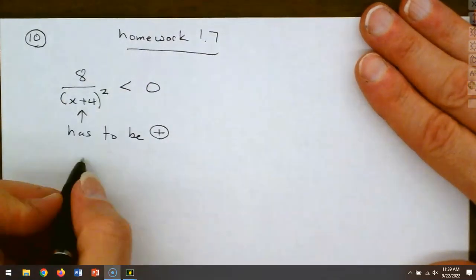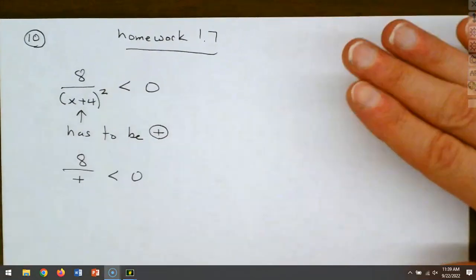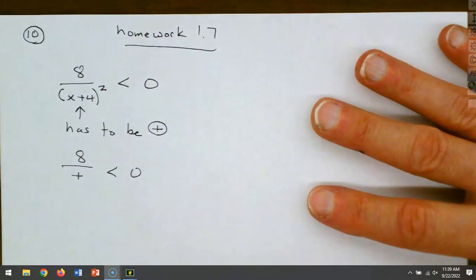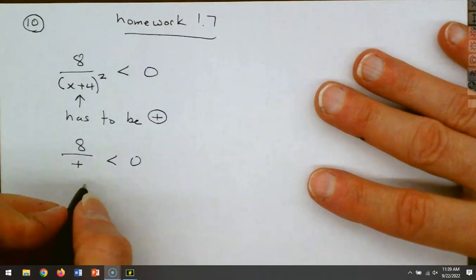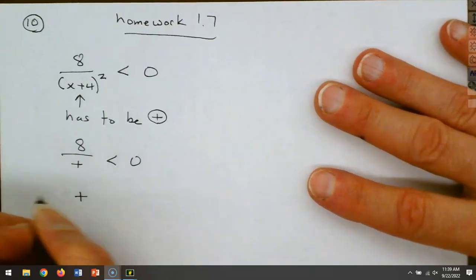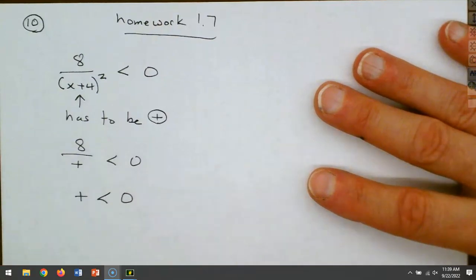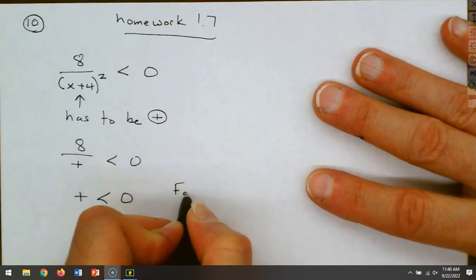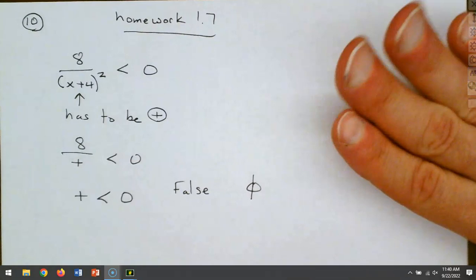Now, if that has to be positive, then that's 8 over a positive number, right? And 8 divided by a positive number comes out to then be what? Positive. And our positive numbers, are those going to be smaller than 0? Is this true or is this false? This is false, so that means this has no solution.